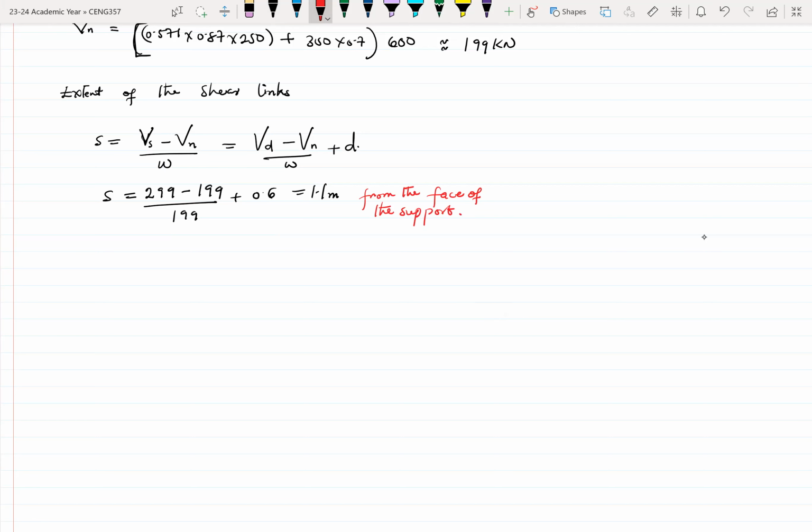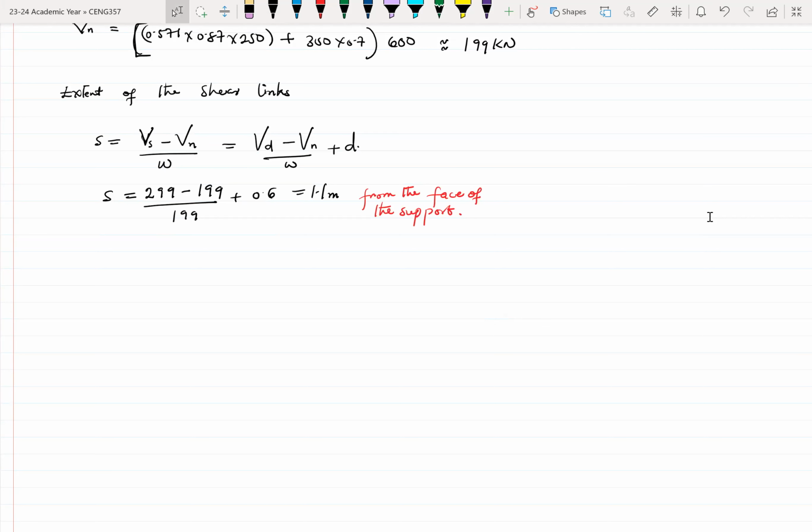Okay, so this is an idea that we need. Now let's look at the last bit, which will be the first and third spans, or the spans from the interior supports.